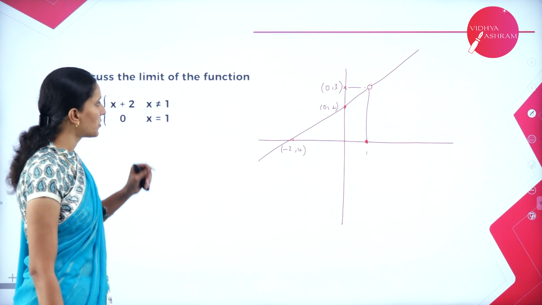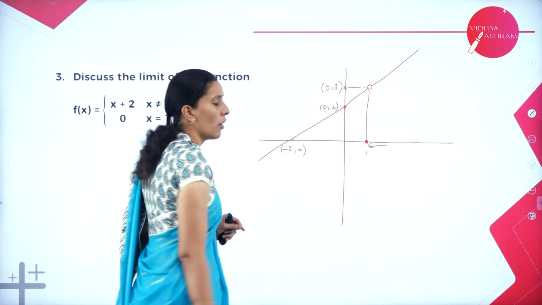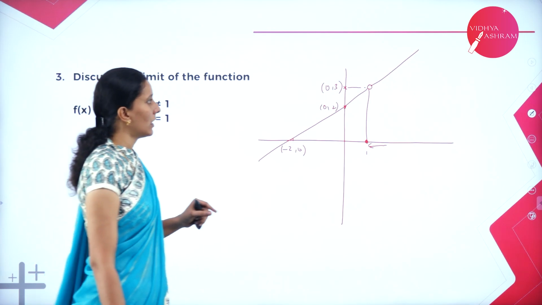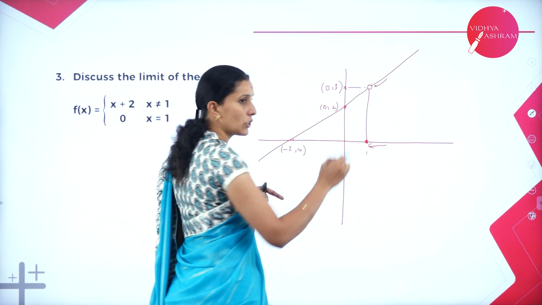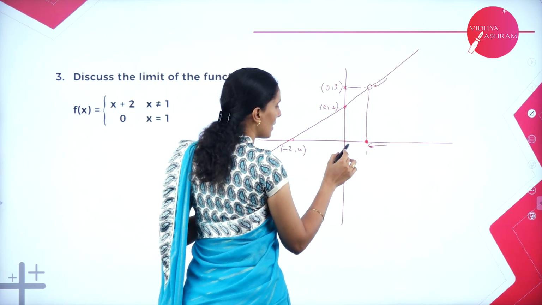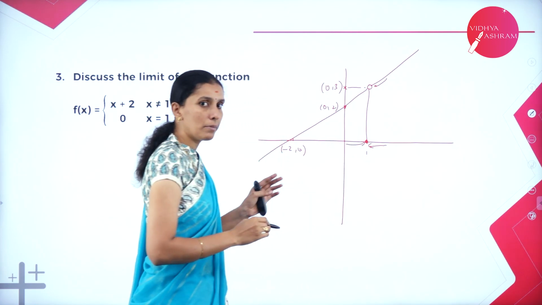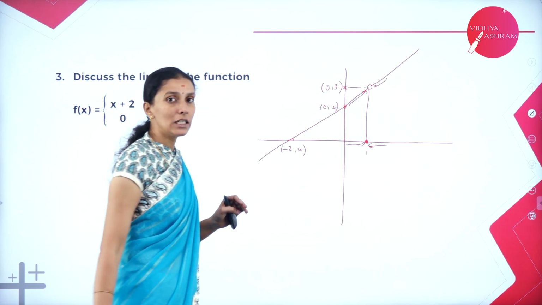Now, clearly observe, as x approaches 1 from the right side, the value of the function comes near to 3. And similarly, as x approaches 1 from the left side, the value of the function also goes near to 3.